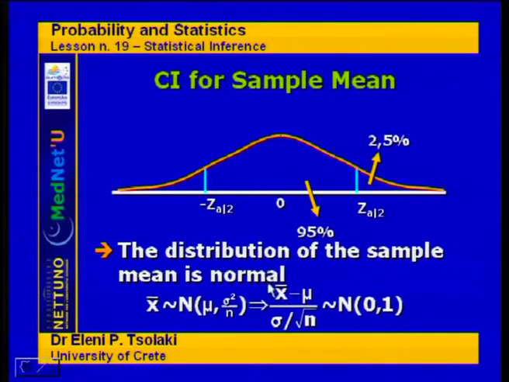We remember that this will make a new random variable, which will again be normally distributed, but this time with mean 0 and variance 1. Here we remind that we divide by the standard deviation, which is the square root of the variance. That's why it is sigma over square root of n.